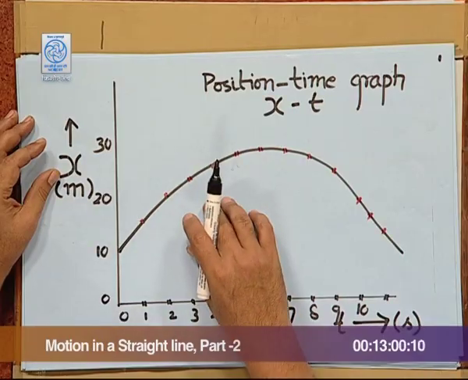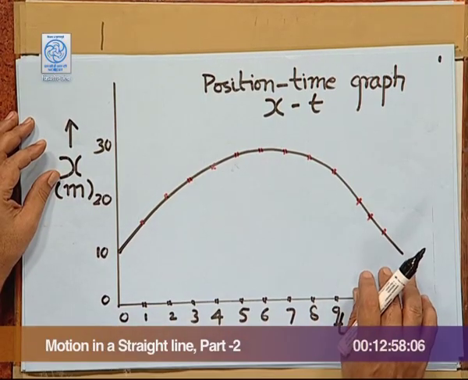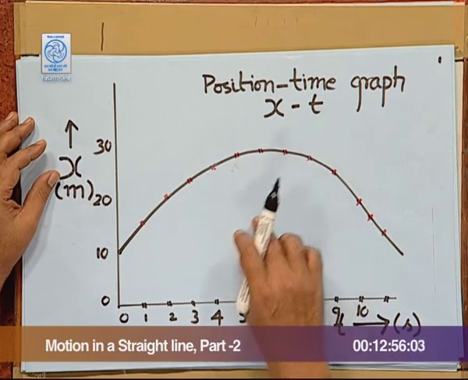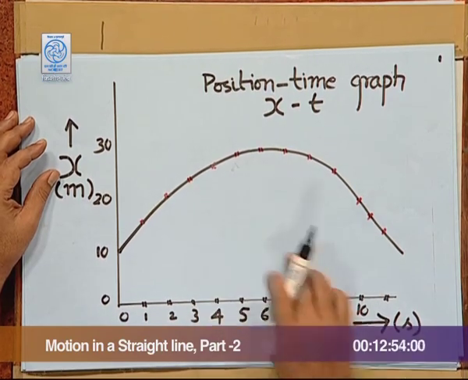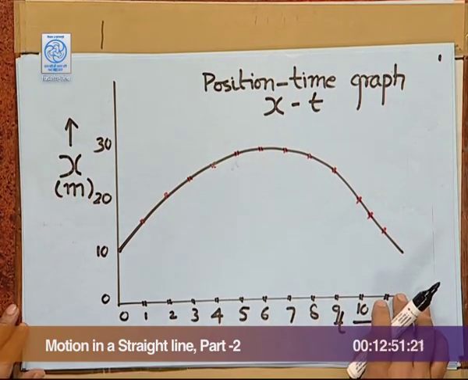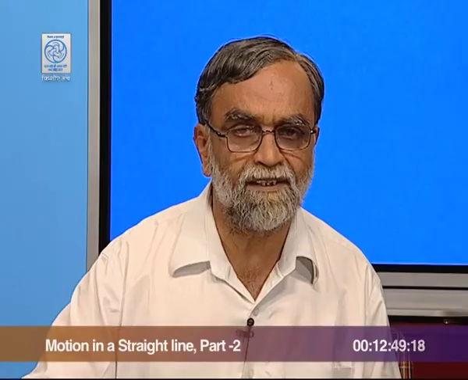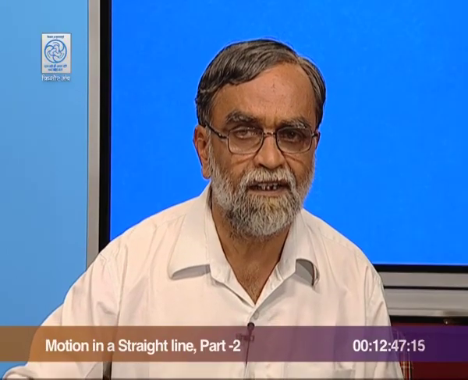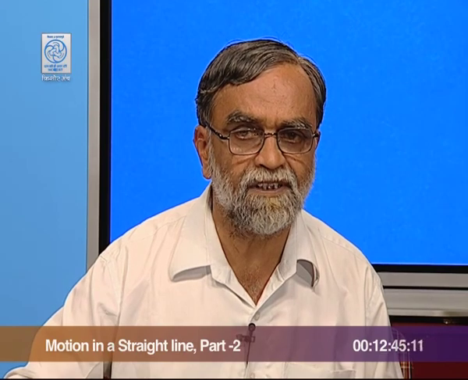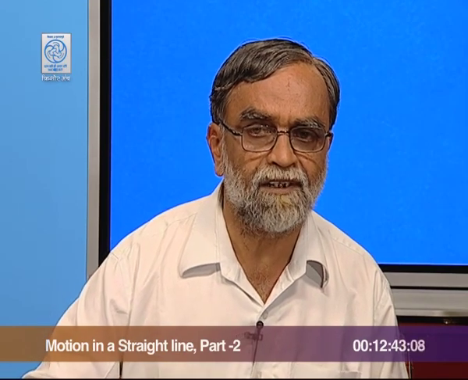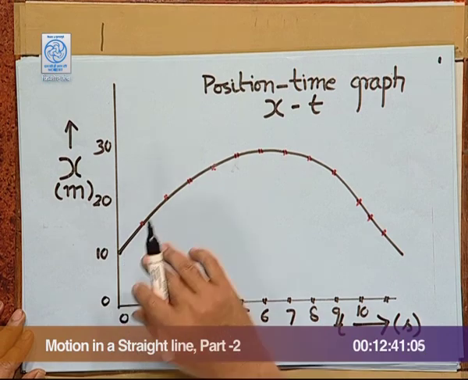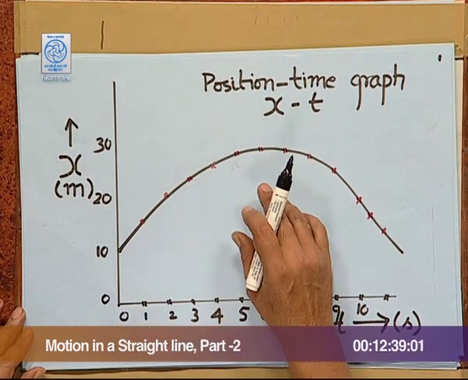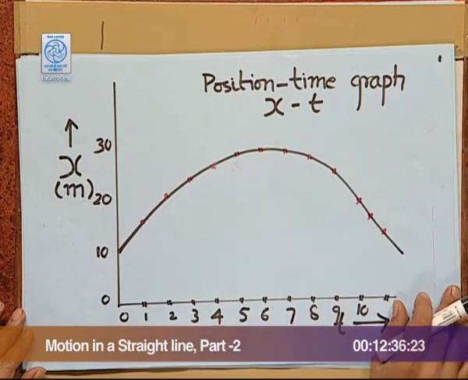That is all it means. See, at t is equal to 7 seconds, it is at 27.5 meters, whereas at t is equal to 10 seconds, it is at 17 meters. It means it is going along a straight line till t is equal to 6 seconds, then started moving backwards. That is, x goes on decreasing with t after it has reached the maximum position.